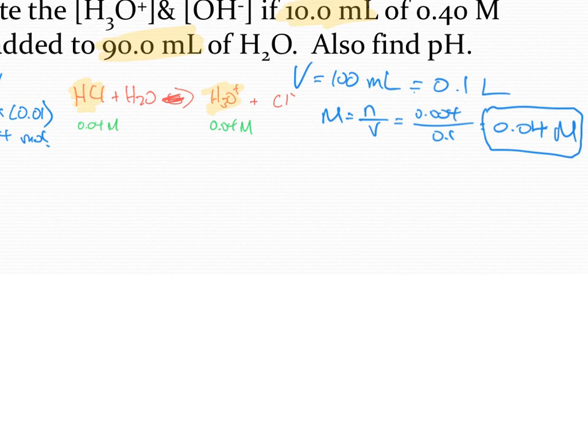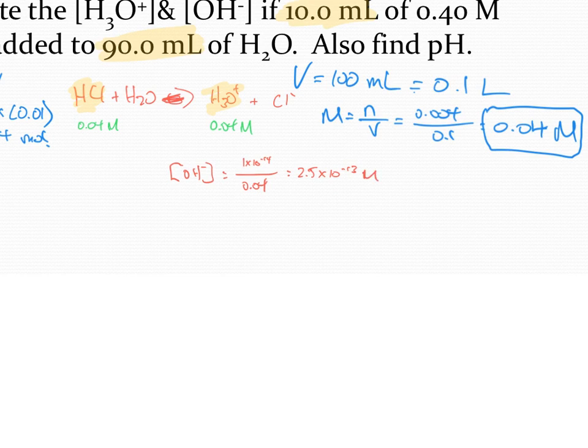To find the concentration of the hydroxide ion, we just take 10 to the negative 14 and divide it by 0.04. And when we do that, we get 2.5 times 10 to the negative 13. So that is the concentration of the hydroxide ion.